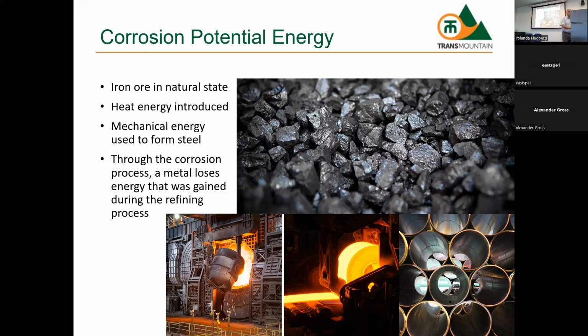All right, so corrosion. Everyone knows what corrosion is, how it occurs, and why it occurs. As it pertains to cathodic protection, we're putting energy into an ore to create a metal that we then fabricate into a usable item.